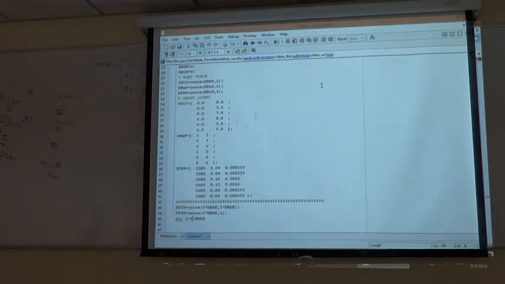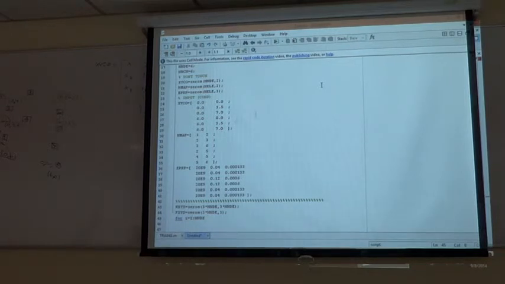So I starts from 1 until you get to NELE, from the first element to the last element. This is the loop.